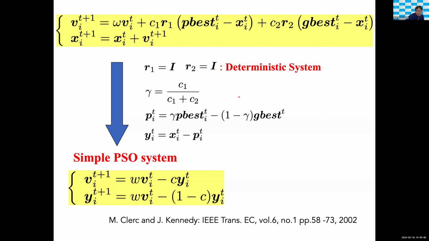Furthermore, this P is used as a reference point to convert X into Y. As a result of such transformations, the dynamics of the PSO system can be described by the following difference equation.